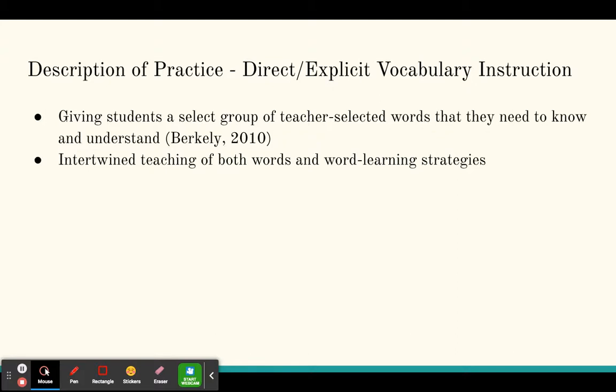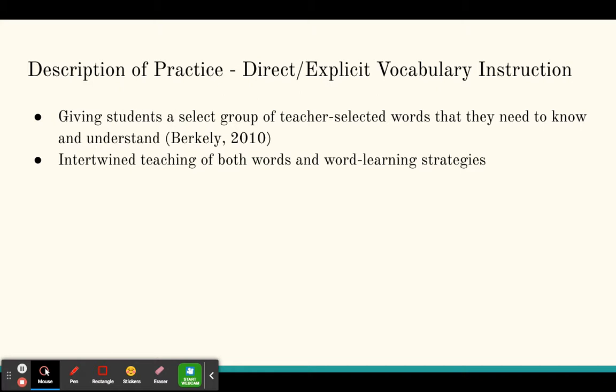Direct explicit vocabulary instruction is the act of giving students a select group of words that you, as the teacher, have selected as words that are important for them to know and understand. It also serves as an umbrella term that represents both the intertwined teaching of words and those strategies, right?